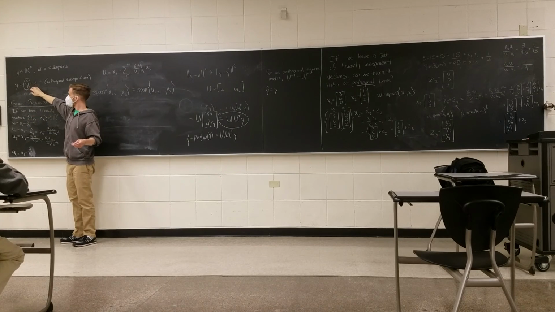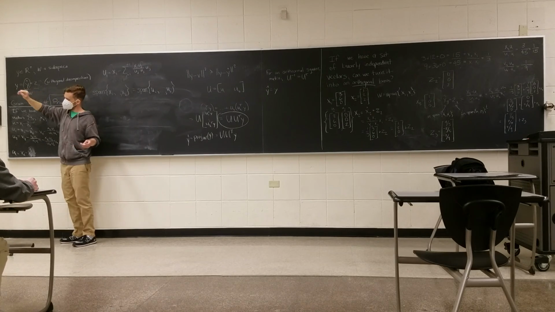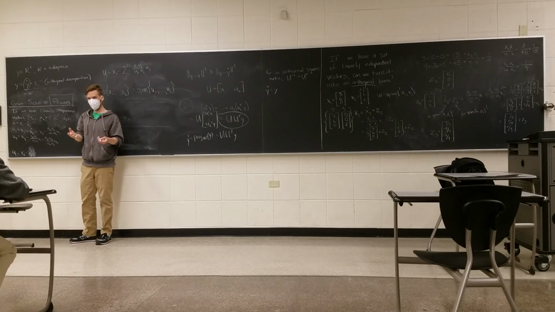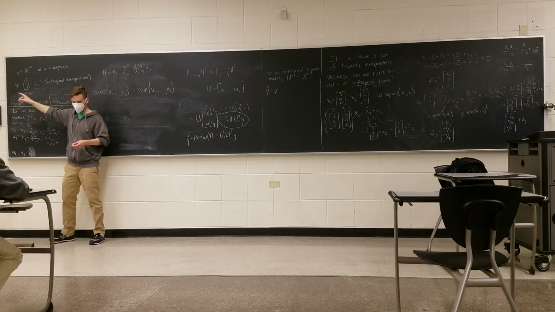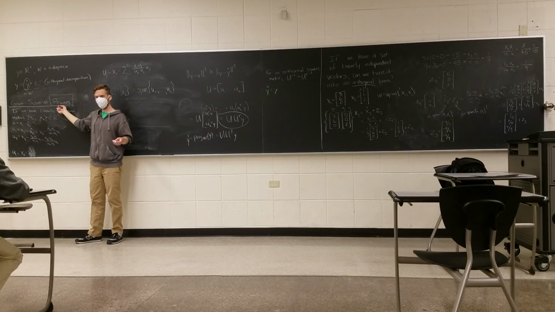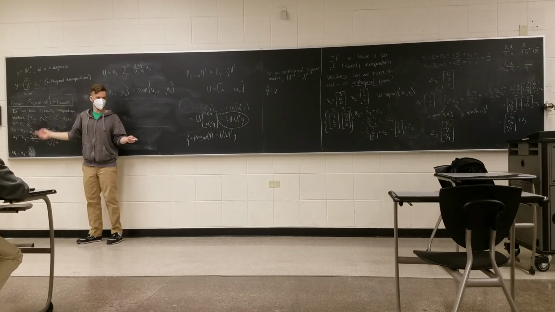But if we have a basis that's not an orthogonal basis, how do we compute the projection onto it? Well, using the Gram-Schmidt process, we can take that basis and create an orthogonal basis, and then use that for the projection.